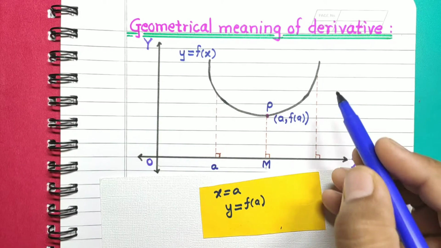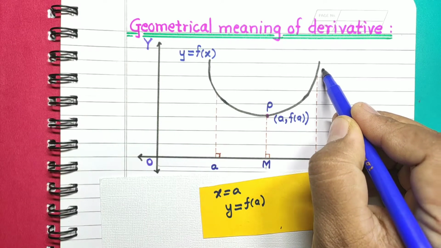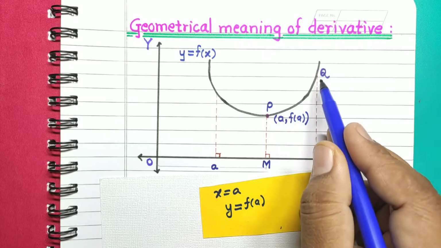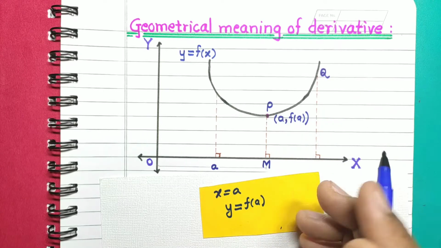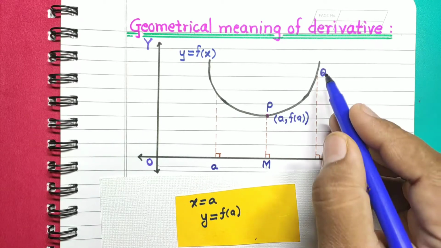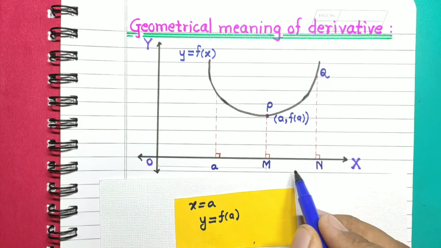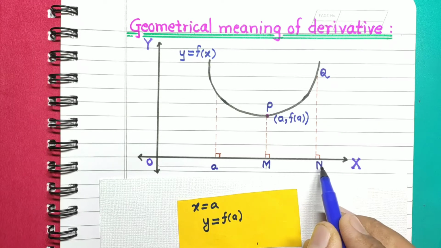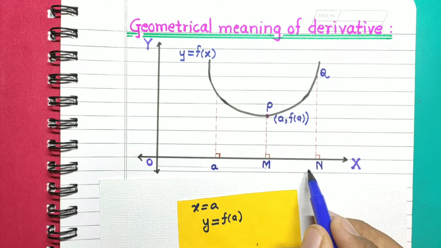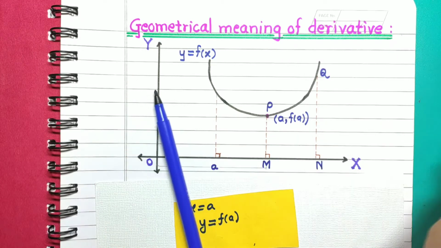Okay, then consider point Q a little right to the point P on the curve. Let's draw QN perpendicular to x-axis, and let's assume that this point N is at a distance h.